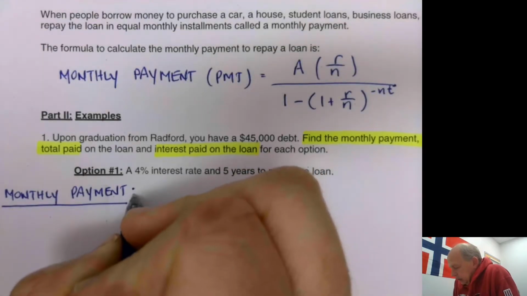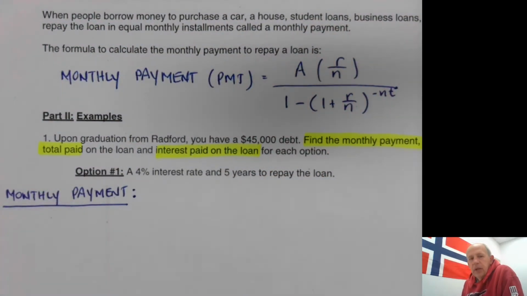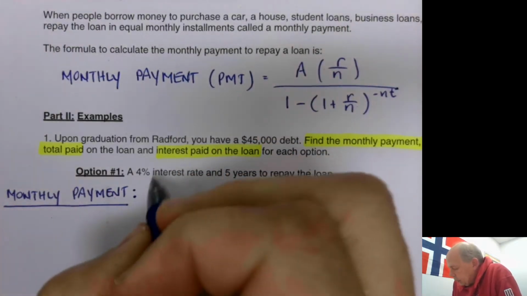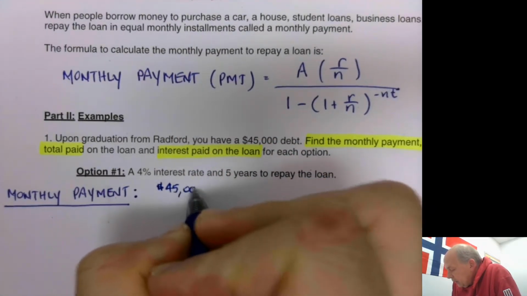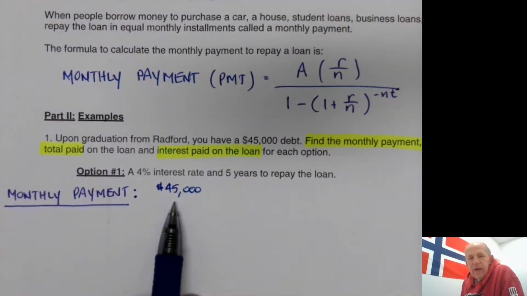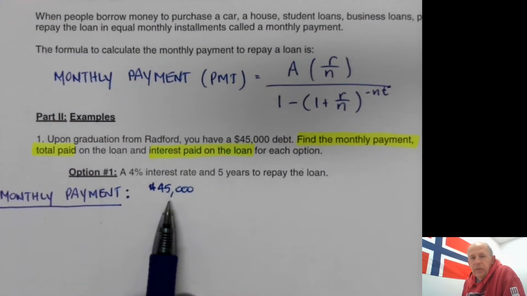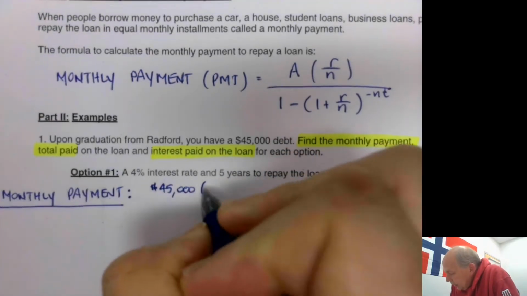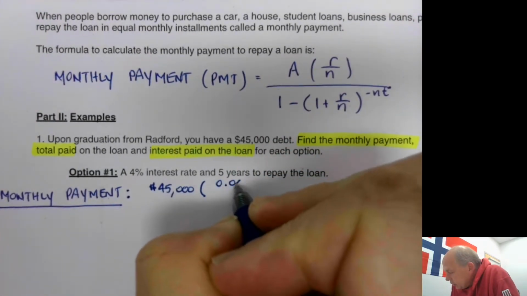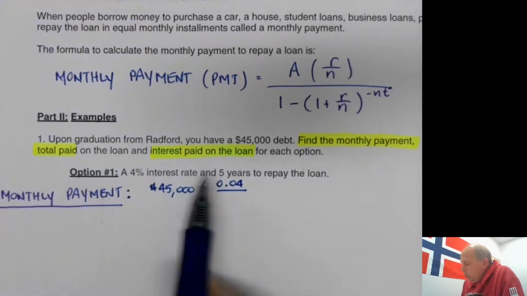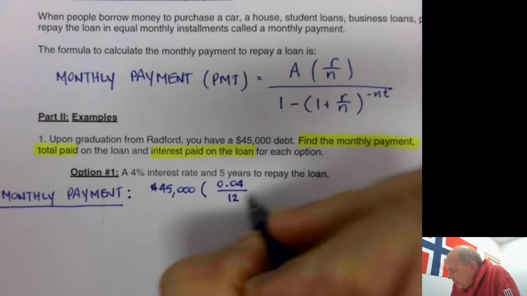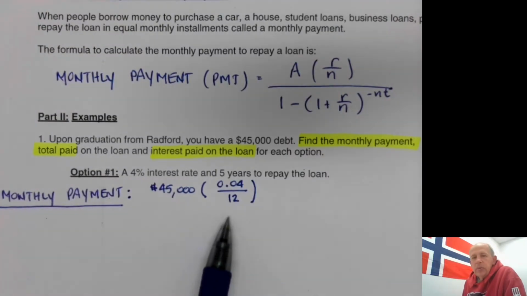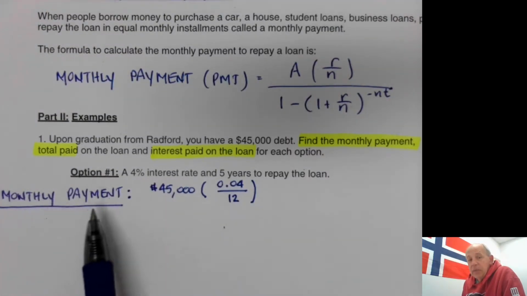So let's take a look at using this formula under these conditions to see what the monthly payment is going to be. The A in the formula is $45,000, how much they owe for their student loan. The R is their interest rate, 0.04, I converted that to a decimal. My N value is always going to be 12 because it is a monthly payment.